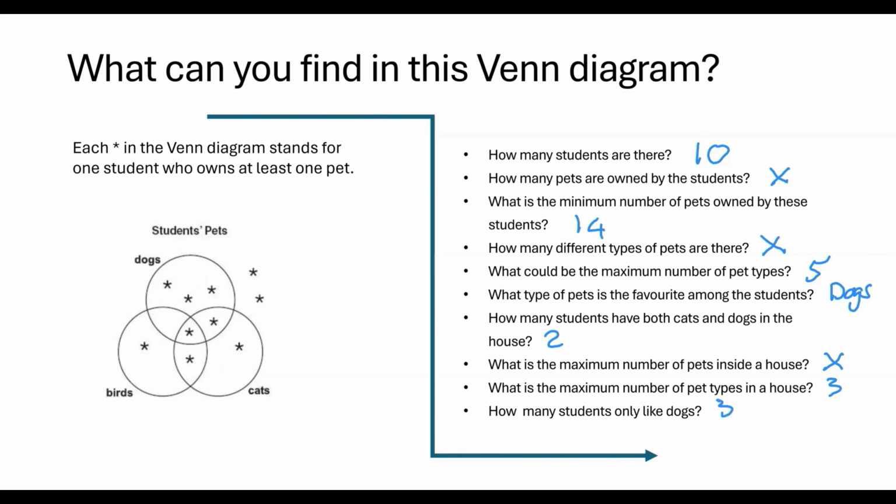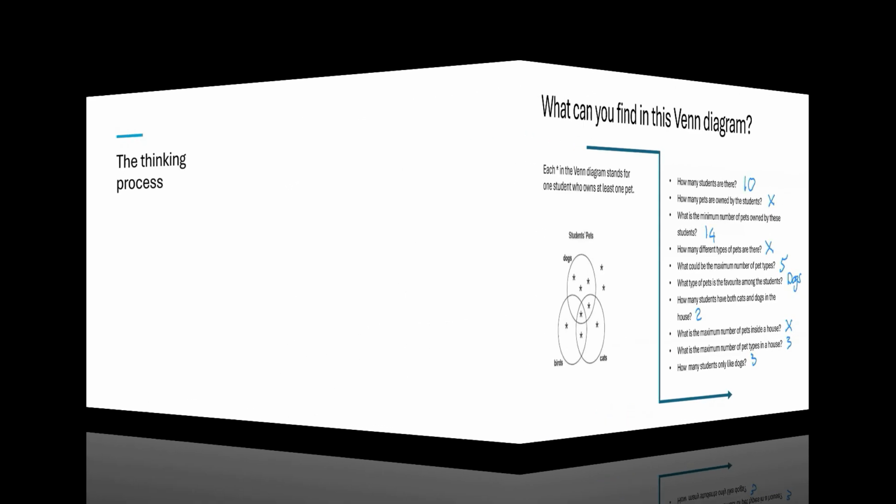Now, can you see when you have a Venn diagram, which is the result of the organization of the information, it helps you to answer many other questions. So the information is surveyed, collected, organized, and then you can infer from the information, make the conclusion, and answer so many questions.